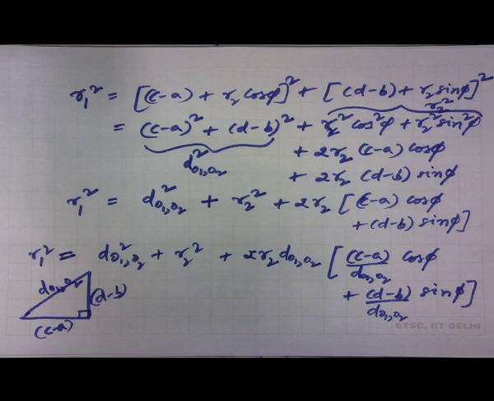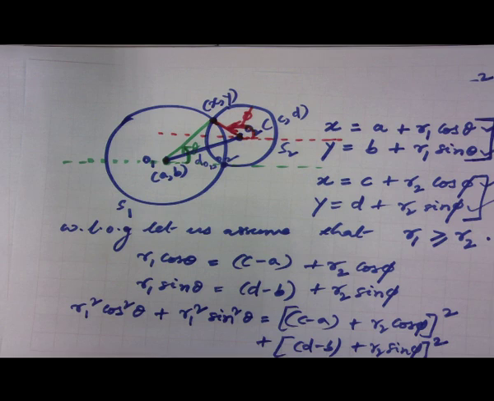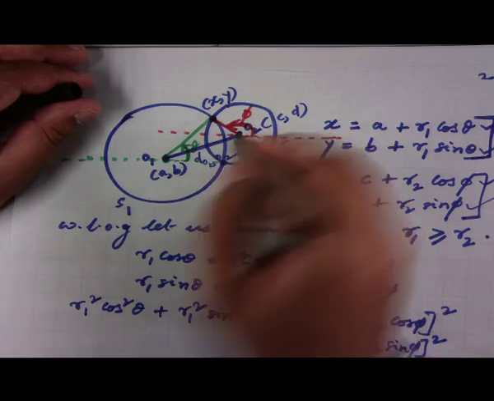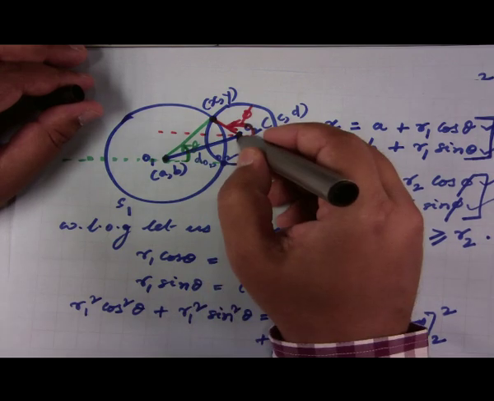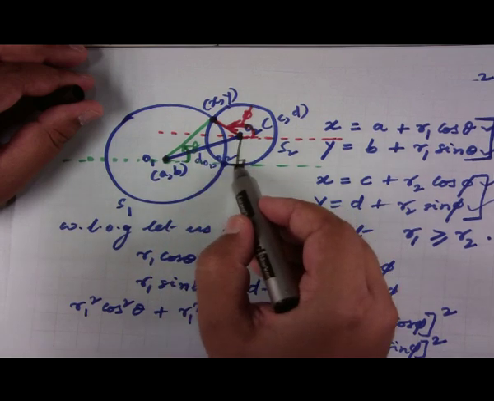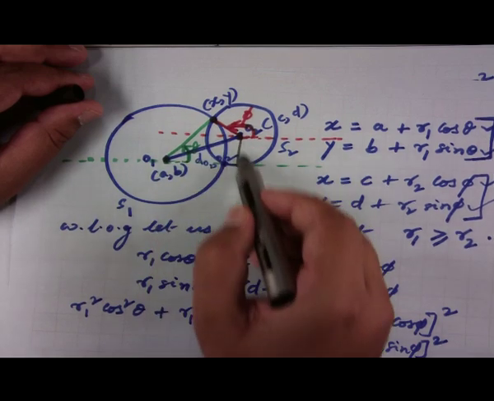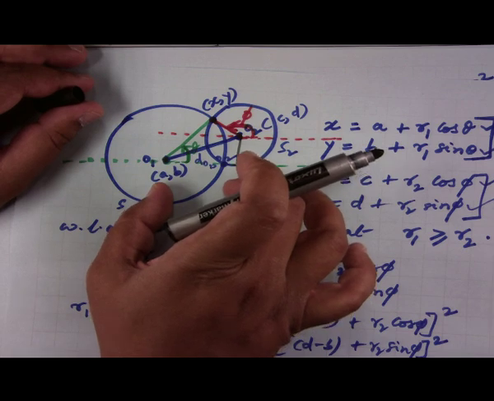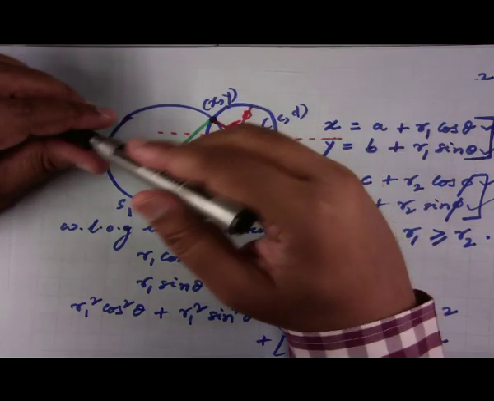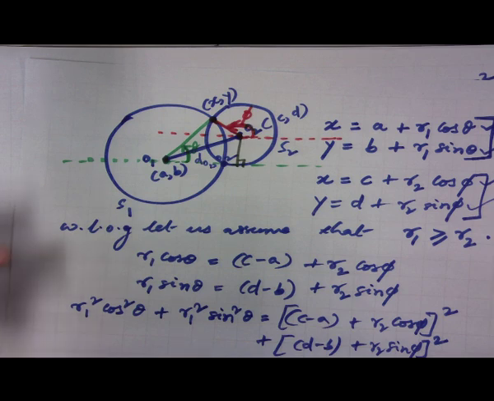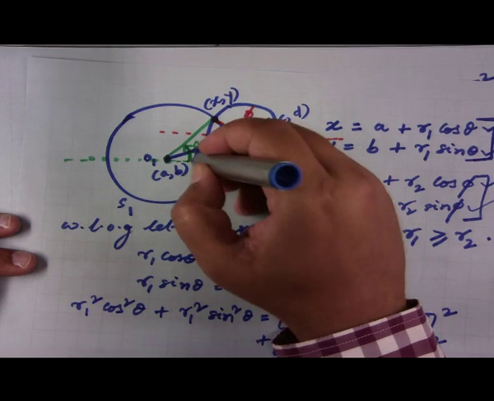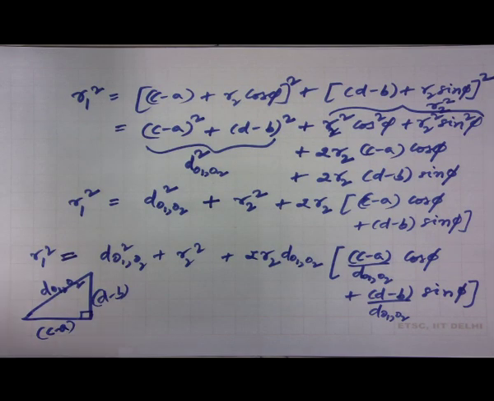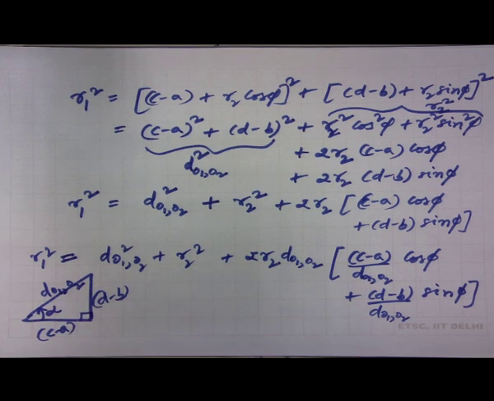If we go back to our figure and draw a perpendicular from this center O2 to this green dotted line which is parallel to the x axis, then this is the right angle triangle we are talking about: the hypotenuse is of length d O1 O2, this length is c minus a, this is d minus b, and let us denote this angle of the right angle triangle by alpha.